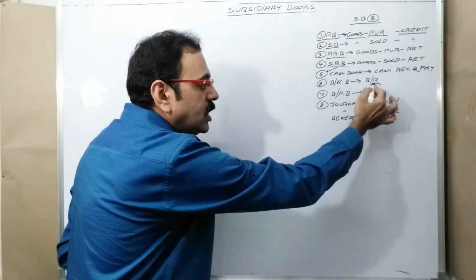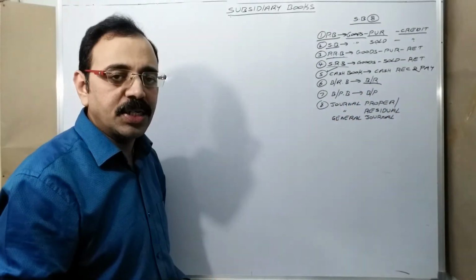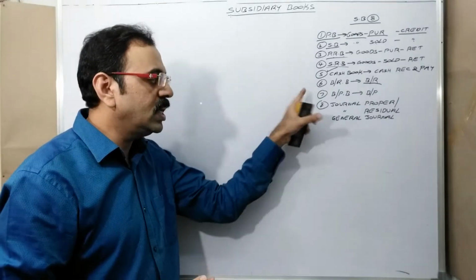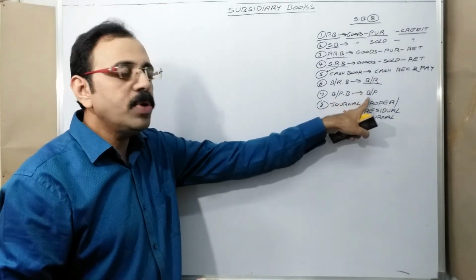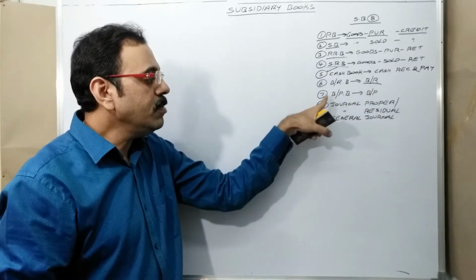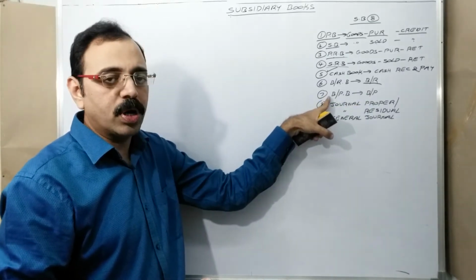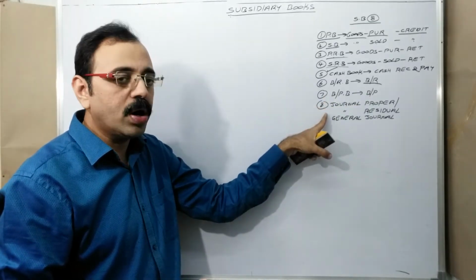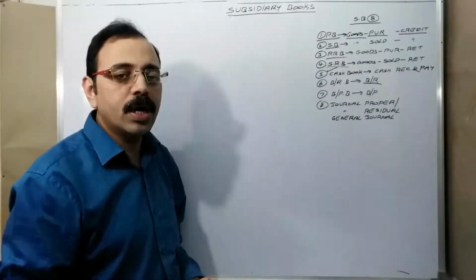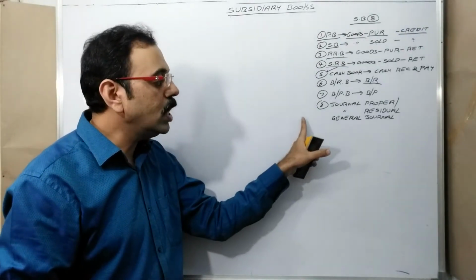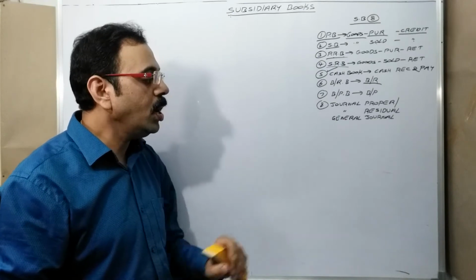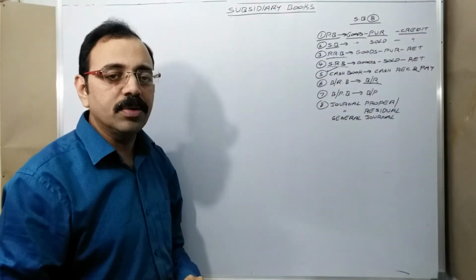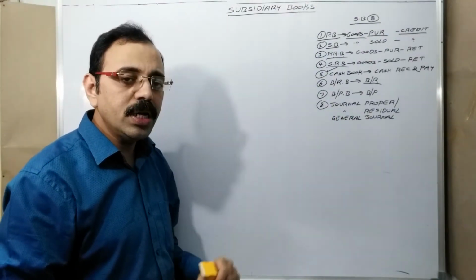Similarly, bills receivable related transactions, we record in the bills receivable book. Bills payable transactions, we record in the bills payable book. And now the last one is what? Journal proper, or journal residual, or general journal. What do we record here?